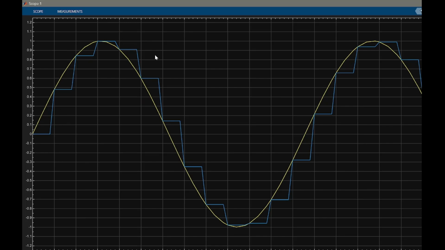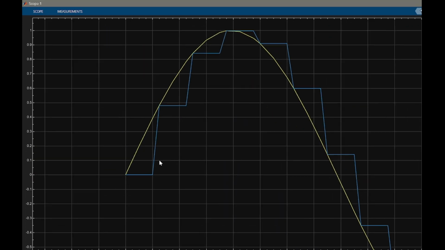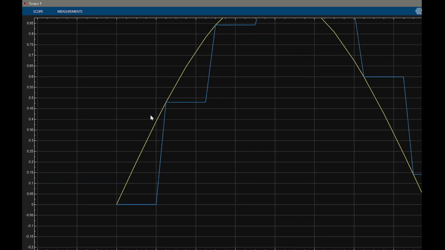Okay, let's focus on this section here. The sine wave is continuously increasing. However, the zero order hold doesn't move, and it stays completely flat.